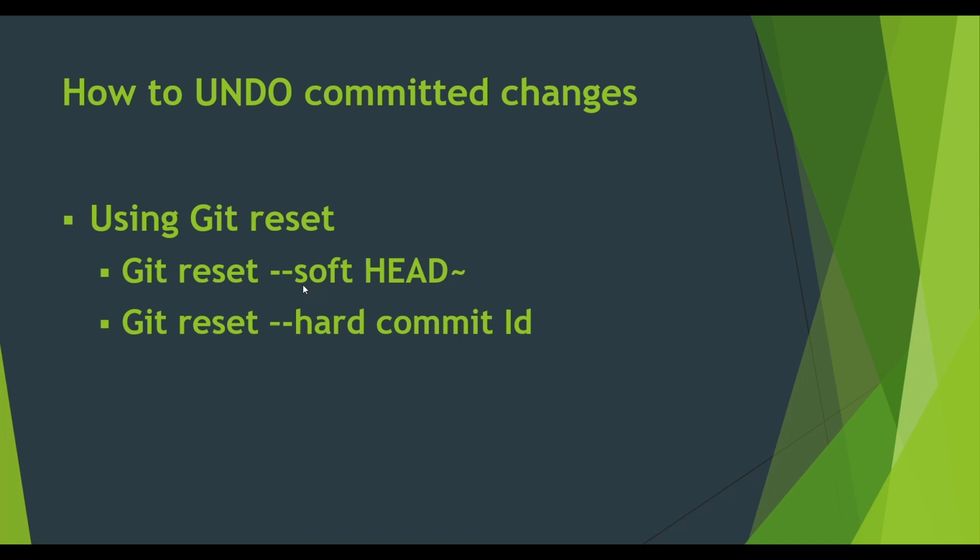Hyphen hyphen soft will give you a chance to still make the changes, while git reset hard won't give you the chance to make the changes in a file, because as soon as we use git reset hyphen hyphen hard and the commit ID, the head will start pointing to the particular commit ID which we have provided. And then it won't even show the discarded files, so we won't have any option to see the changes that we have made from the latest commits.